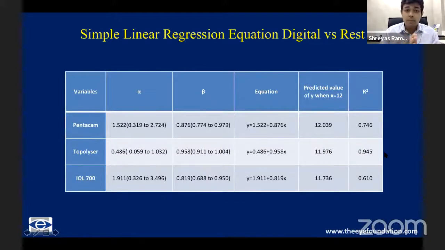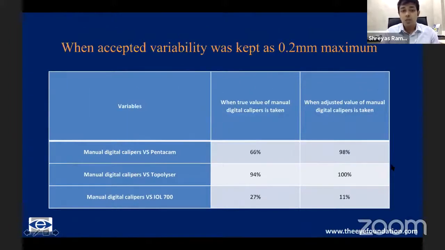So we used a simple linear regression and tried to arrive at this particular equation, where basically you plug in the value. Let's say X is 12, that is, through using your digital caliper, which we used as the gold standard, as 12, then you plug in that value of 12 within this equation to derive the value which you would get through your Pentacam, Topolyser, or IOL Master. We applied this and tried to see how it was making a difference.